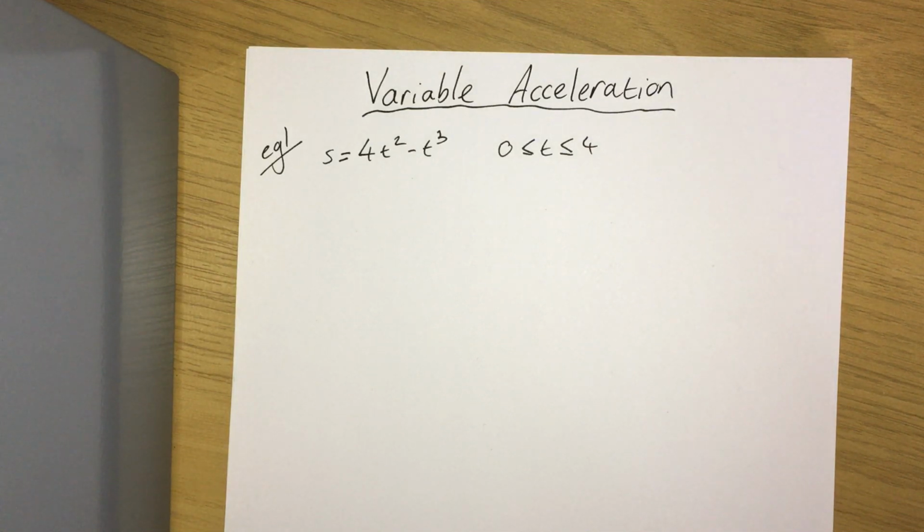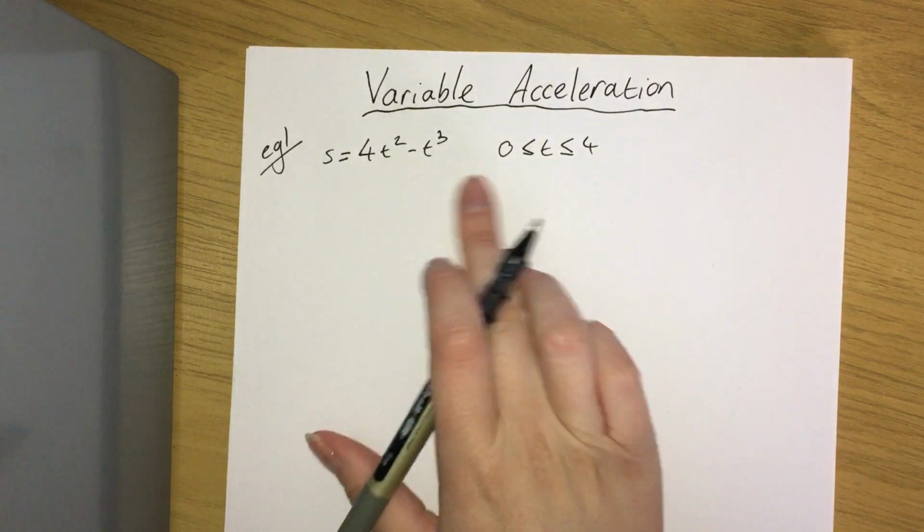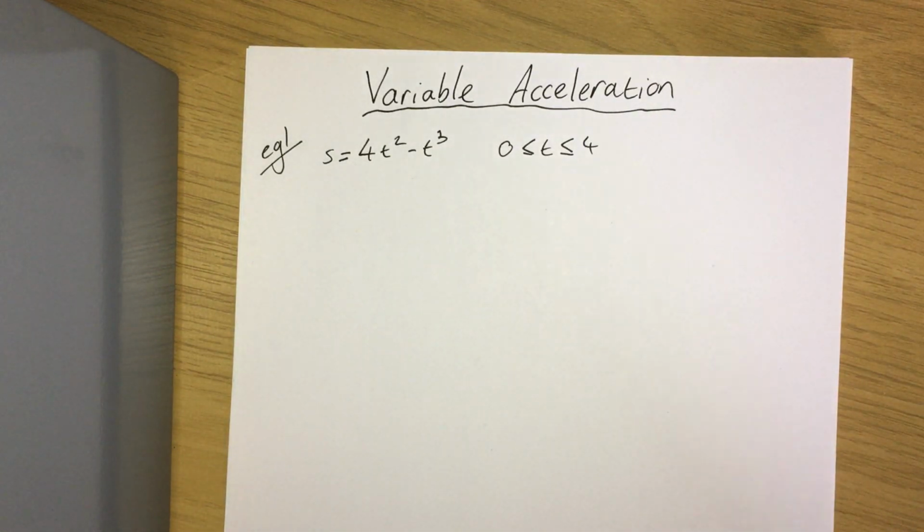When acceleration is variable, then displacement, velocity and acceleration can all be written as functions in terms of time. So like the first example that I've got here. A toy train travels along a straight track, leaving the start of the track at time t equals 0. It then returns to the start of the track.